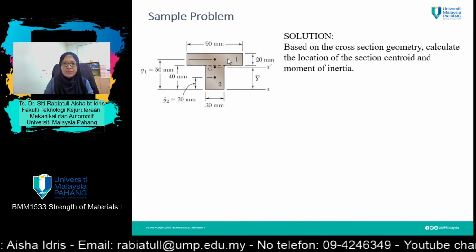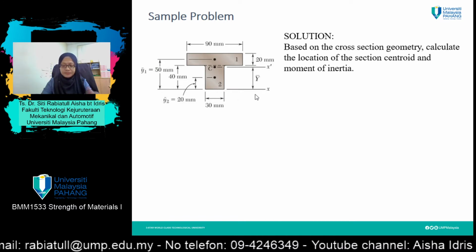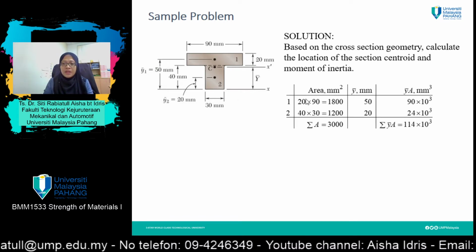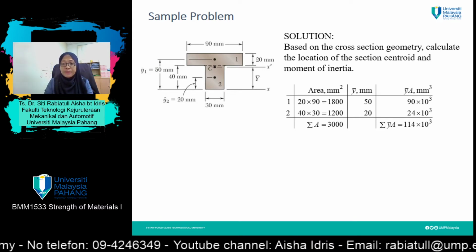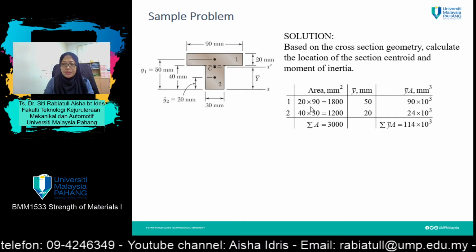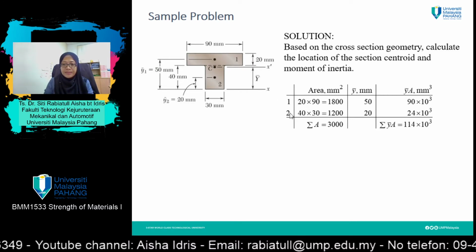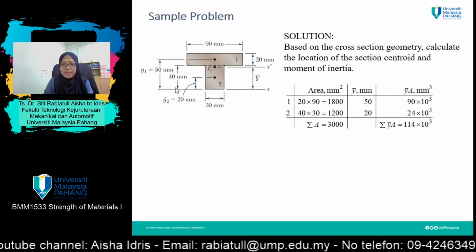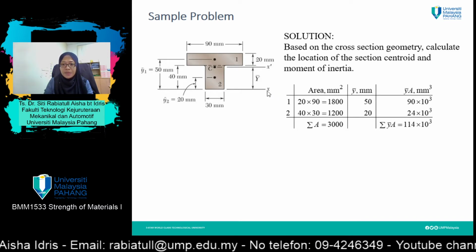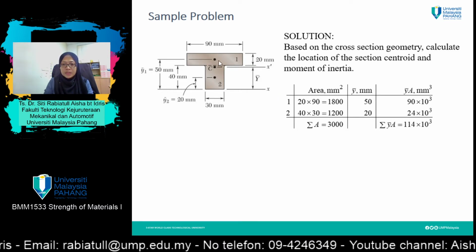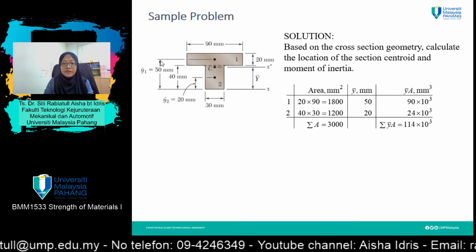So divide this into two sections, section 1 and section 2. If you still remember how to calculate the centroid: taking the area for section 1, 20 times 90, and then its centroid y bar, measured from the neutral axis line, the x-axis, to the center of section 1, which is 50 mm.